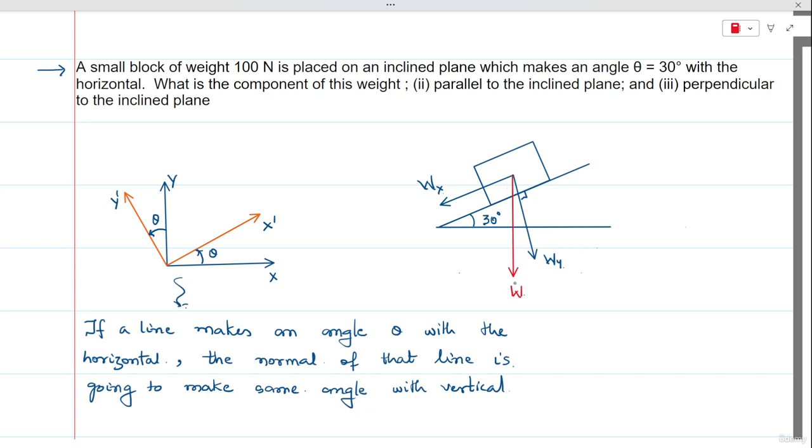So if the inclined plane is making an angle 30 degrees with the horizontal, the normal of that inclined plane, that is Wy, is going to make the same angle with the vertical. So this angle comes out as 30 degrees.